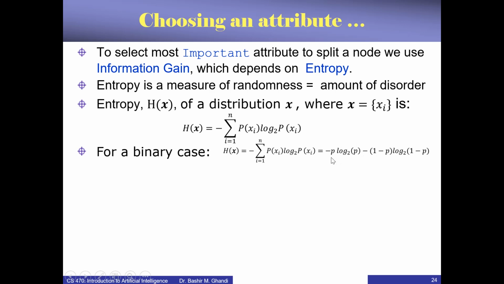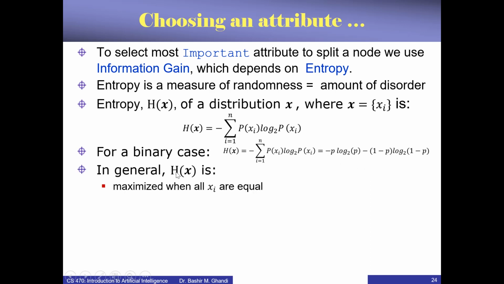We're going to have probability P of true times the log of P, minus (1 minus P) times the log. As we know, if the probability of true is P, then the probability of false is 1 minus P. So we compute the probability of false, which is 1 minus P, multiplied by log to base 2 of the same probability. So the formula reduces to this simple expression.